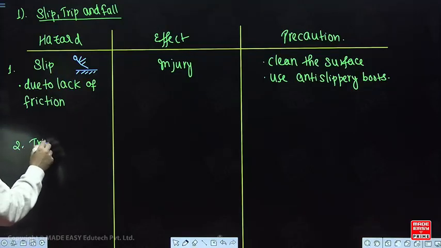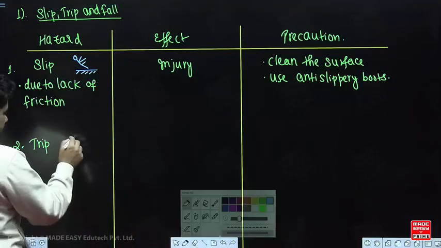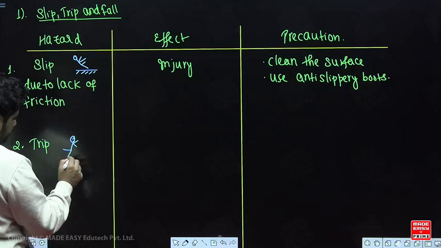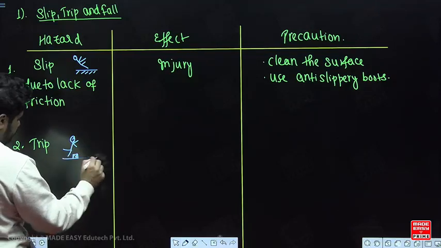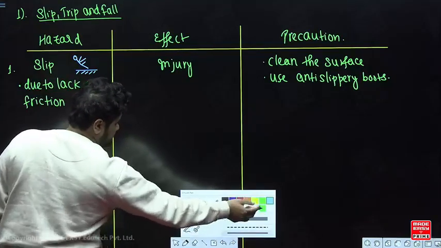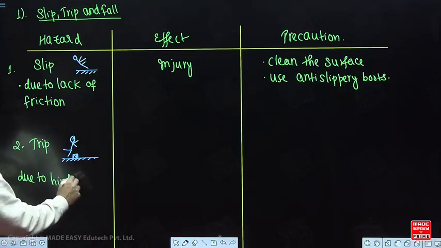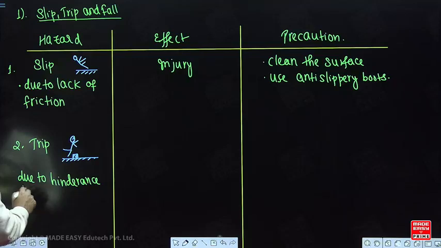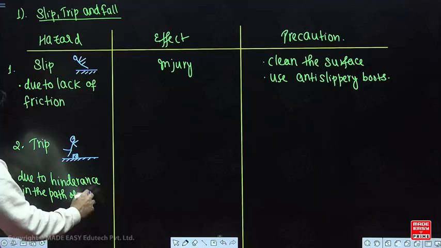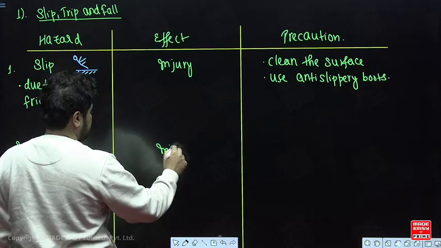Second one, it is called trip. Right. So, it is due to hindrance in the path of movement. है कि नहीं? इसको बोलते हैं ट्रिप. इसकी वजह से भी क्या होगा, इंजर्ड हो जाएगा आदमी, इंजरी.